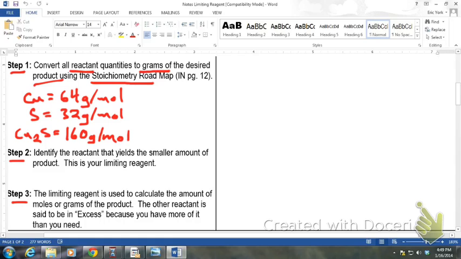Now, step 1 says to convert all the reactants to the desired product. So the first reactant we're going to use, like I said earlier, is copper. So we are starting with 80 grams of copper, and we are wanting to convert it into grams of Cu2S.